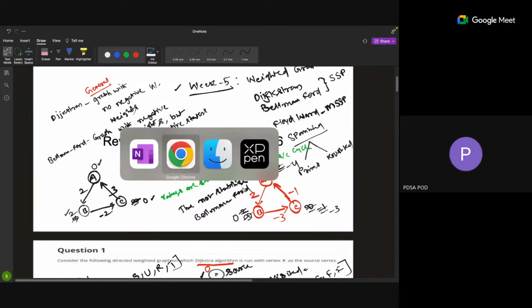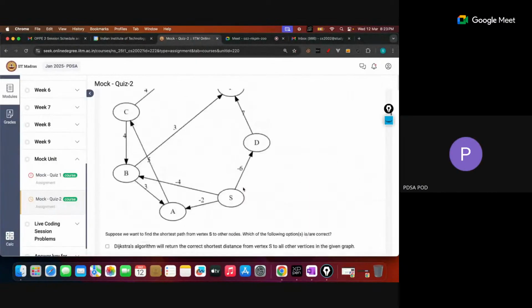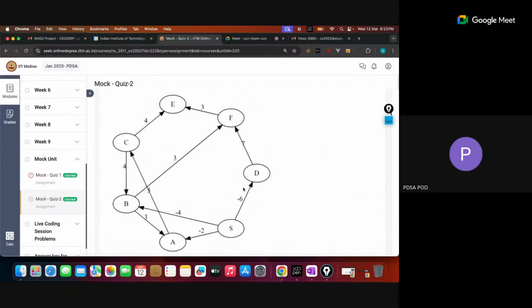Thank you, sir. So now this graph they have given, please look at this graph. Please identify whether a negative cycle is there, or negative edge weights are there. The source is already fixed; they said this particular vertex is the source.